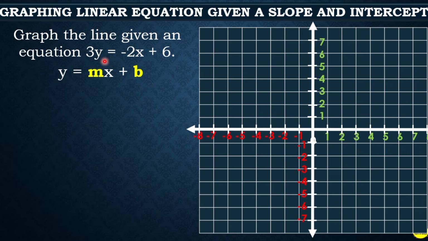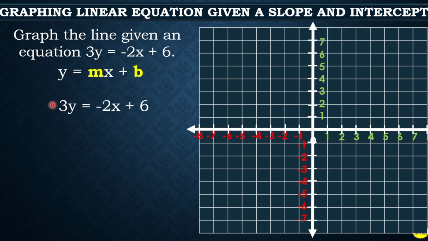So, ibig sabihin, we still need to simplify this equation. Hindi pwedeng, ma'am, the slope is negative 2, the y-intercept is positive 6. No, hindi pa po yun. Bakit? Kasi meron pa tayong 3 dito.